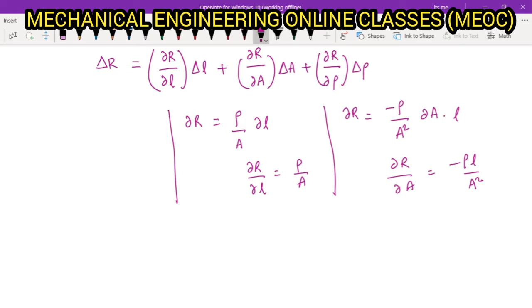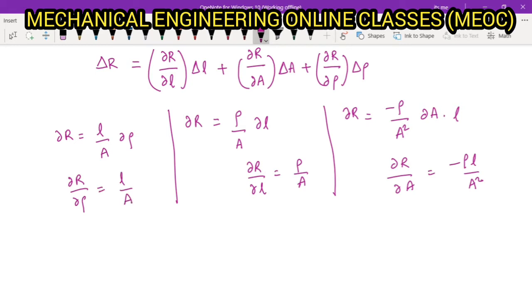Again I will differentiate the same equation, assuming that L and A are constants. So dou R is equal to L by A into dou rho, and dou R by dou rho will be L by A.